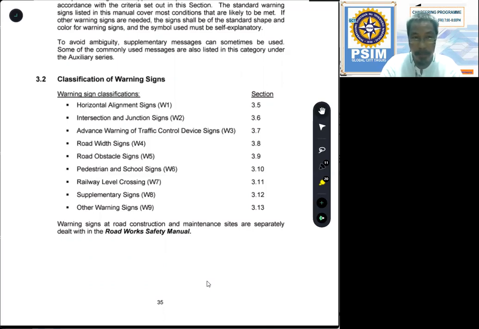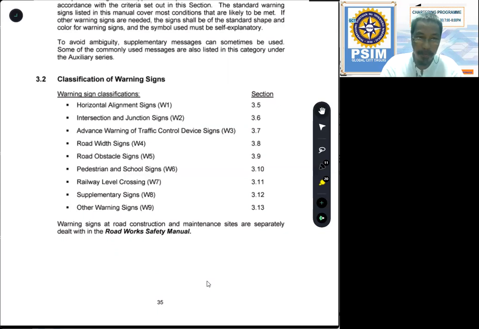Okay. So in several intersections and junctions. And number 3, advance warning of traffic control device signs, W3. Then road width signs, W4. Road obstacle signs, W5. Pedestrian and school signs, W6.